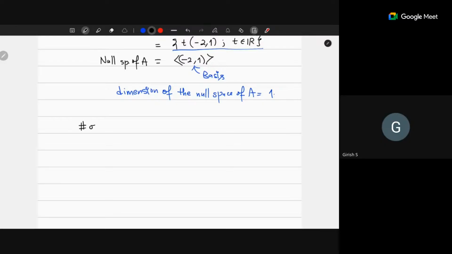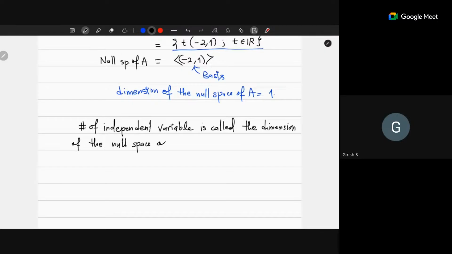So the number of independent variables is called the dimension of the null space of a matrix A. All right.